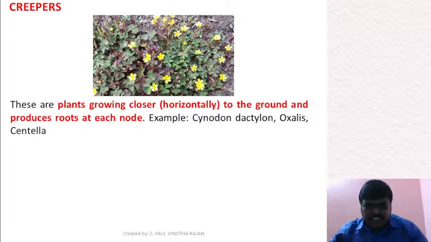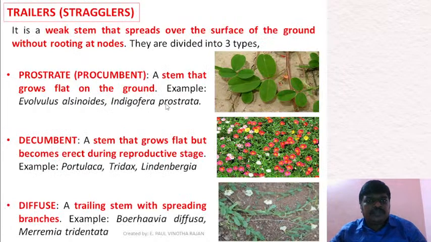Okay, so you can see it here. They grow horizontally on the ground. Wherever the nodes are there, in that region it produces the root. For example, oxalis, cynodon, potentilla, these are all examples of creepers. Creepers means they grow horizontally on the ground.